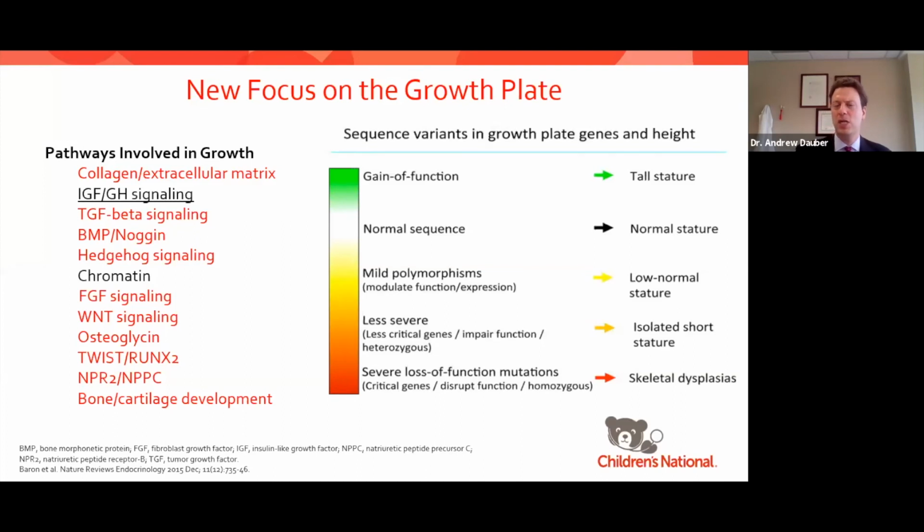But then you can have more mild variants in the same genes that might lead to isolated short stature, and even more common variants that might just add that millimeter or subtract that millimeter in the general population. And on the flip side, you could have variants that have the opposite effect that might actually make you taller as well.